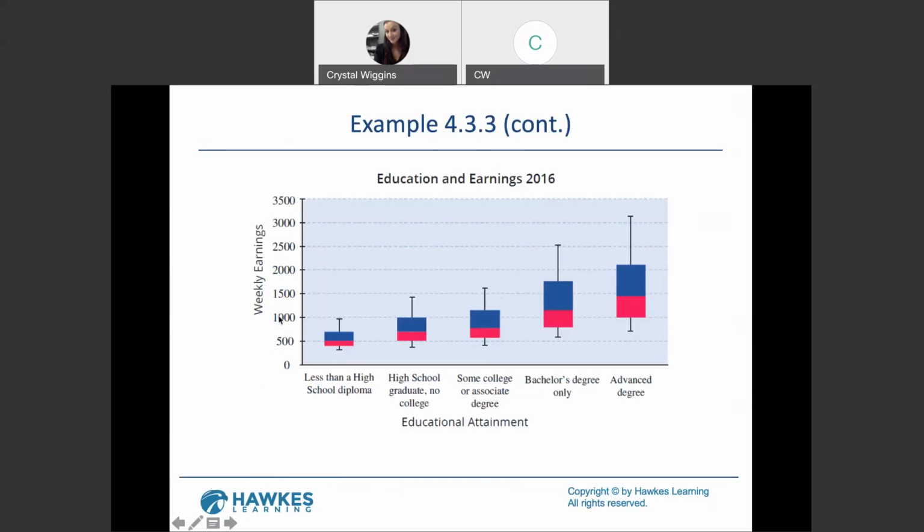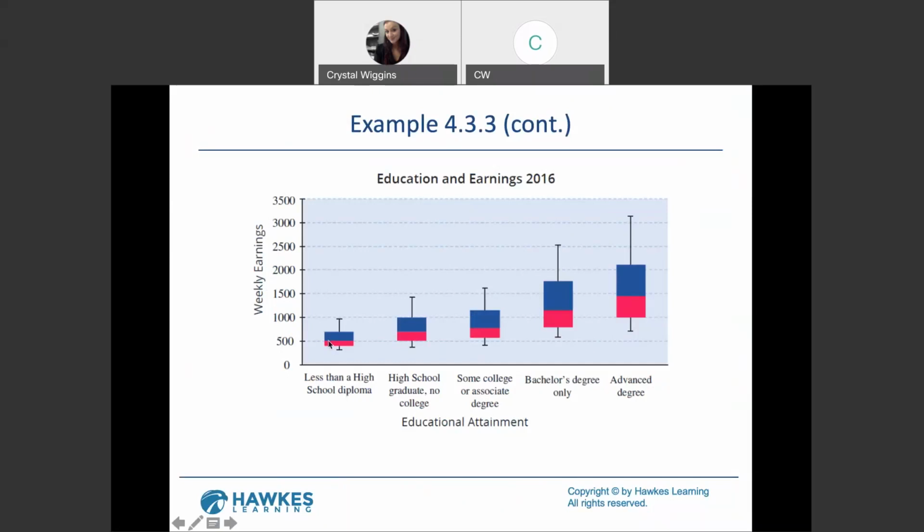We can also see by the whiskers that although the minimum does rise, for the first 3 options the minimum is fairly the same. It starts to clearly show a difference when you have a bachelor's or an advanced degree, where your minimum salary is even higher than the median salary of a high school diploma or less than a high school diploma.